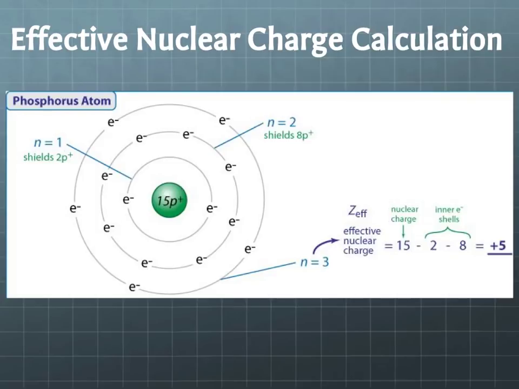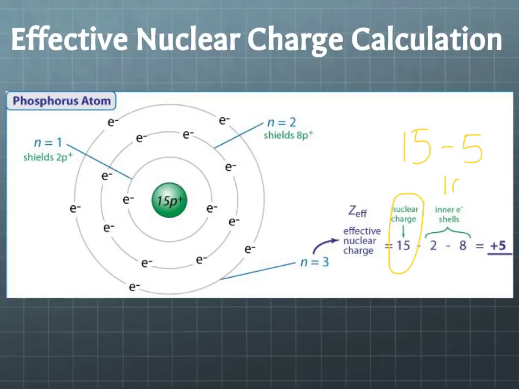All right, so phosphorus has 15 protons, so it has a charge of 15 for its nuclear charge. So when we're calculating, that's what we put in. Then we take the total number of electrons, which should be 15 for a phosphorus atom, and subtract its valence electrons. It has 5 valence electrons, because it's in group 15, and everything in group 15 has 5 valence electrons.